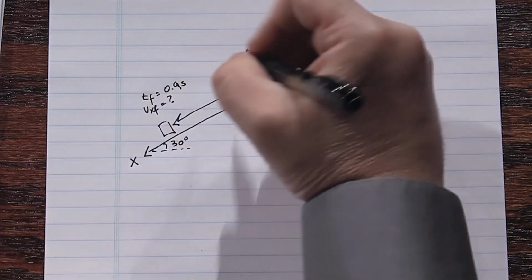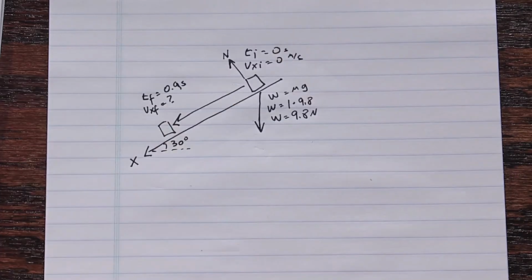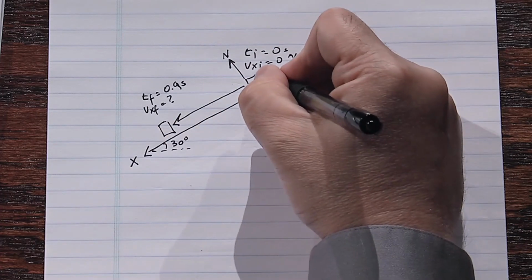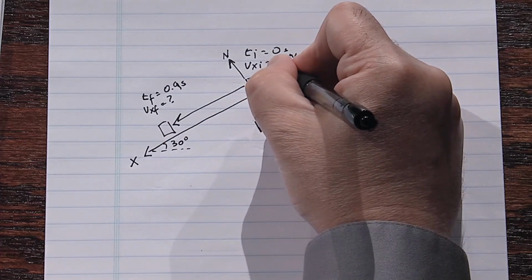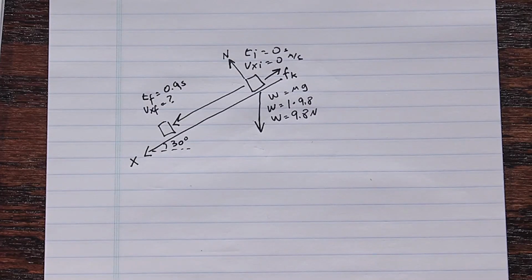We have the normal force. And now we have to add in friction. Kinetic friction. And we know that the friction is going to be parallel to the roof. Just as the normal force is always perpendicular to the roof, the friction is going to be parallel to the roof. It's going to oppose the motion.